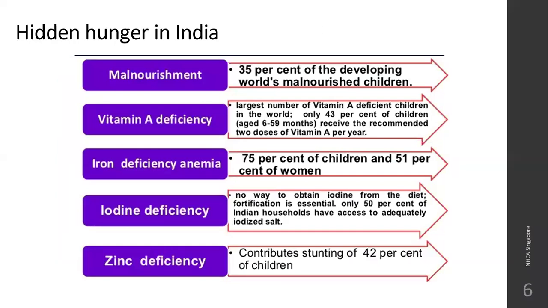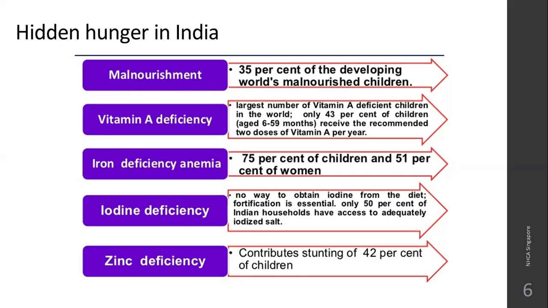In India, 35% of the developing world's malnourished children are found. For vitamin A deficiency, the largest number of vitamin A deficient children in the world is in India. Only 43% of children between the ages of 6 months and 59 months receive the doses for vitamin A prophylaxis.